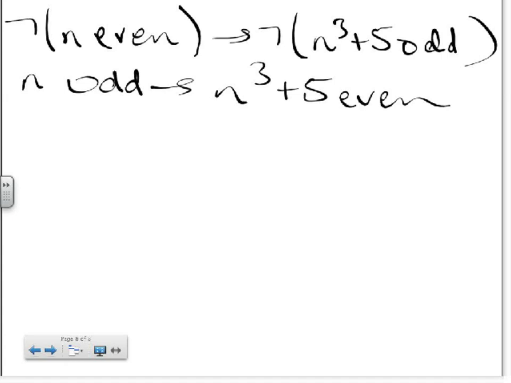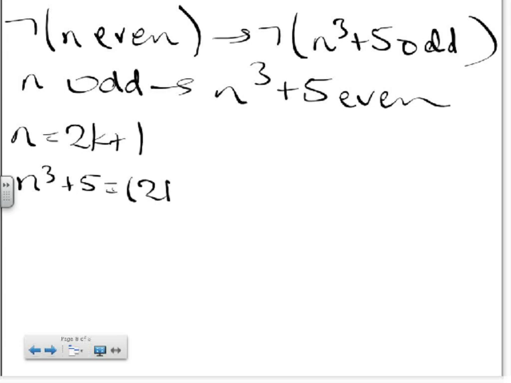Alright, so we'll start out by writing n is equal to 2k plus 1. That's just the general form of an odd number where k is some integer. Now, n cubed plus 5 would then be equal to (2k plus 1) cubed plus 5. Let's just expand this out really quickly.